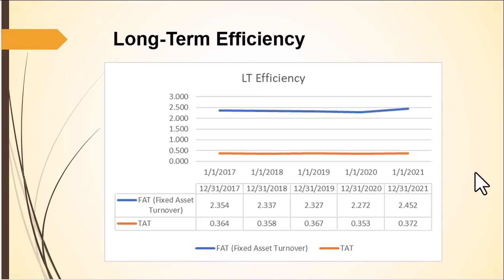Would we like to get some more efficiency? Probably we would. We should maybe try to compare this to an industry or compare this to a competitor to see how we stack up with them. But in addition, if you look at the total assets, it's stable. It's not changing dramatically. So long-term efficiency, we are looking very stable.